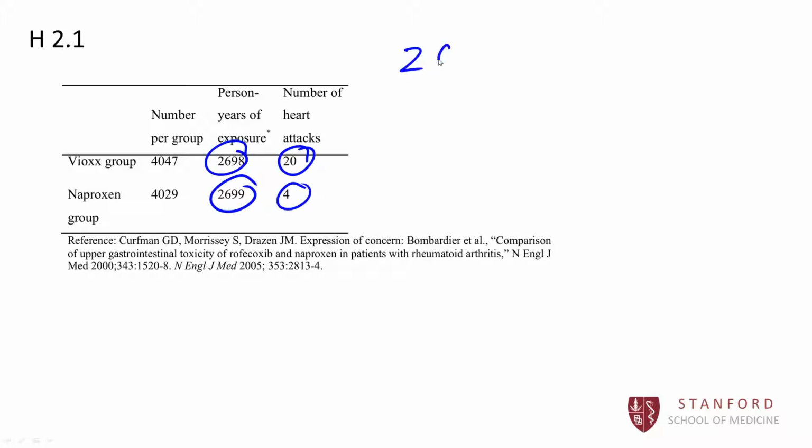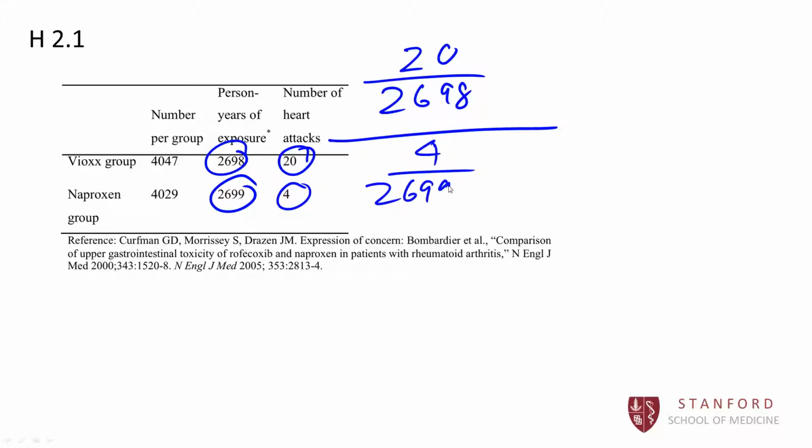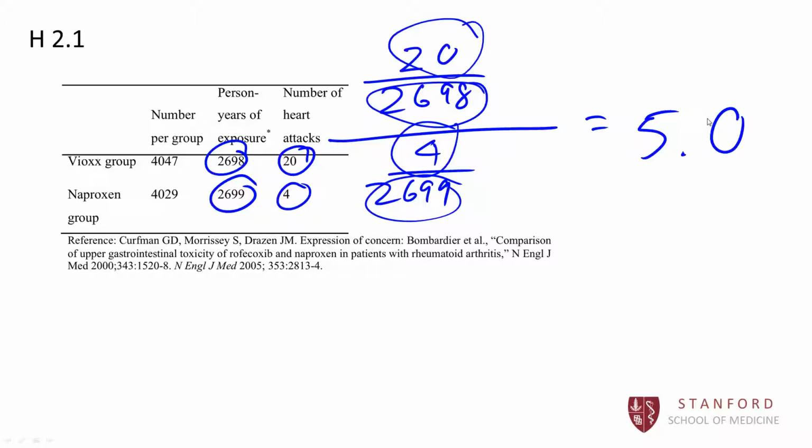Okay, so we're going to do 20 over 2,698 divided by 4 over 2,699. Okay, and what that's going to give us is a standardization across the number of person years of exposure. You can think about it like that. And so the rate ratio here works out to be 5.